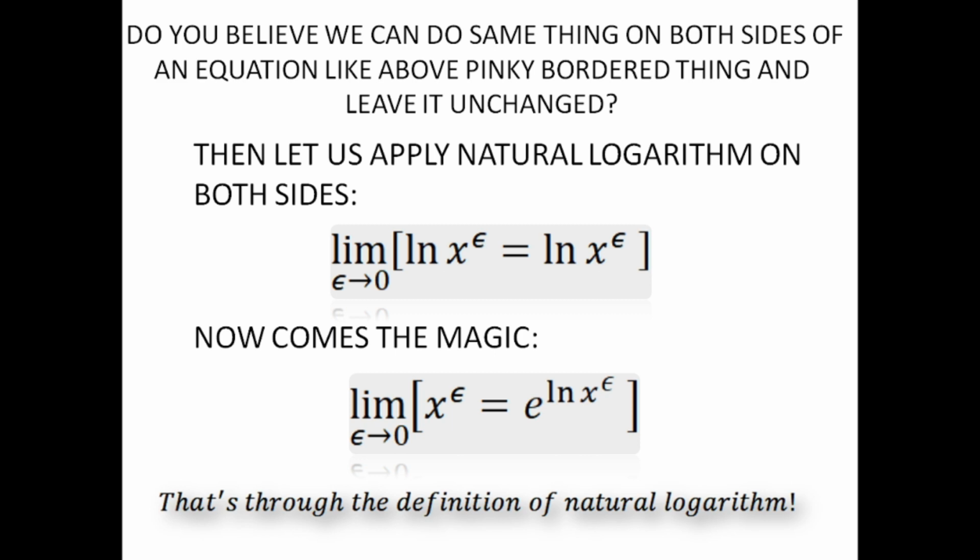So now comes the magic. As natural logarithm ln is the inverse function of exponential operation, we can write x power epsilon is equal to e power ln x power epsilon, limit epsilon goes to 0. That's the definition of natural logarithm, friends.